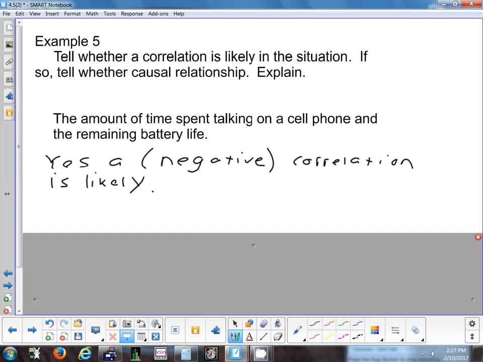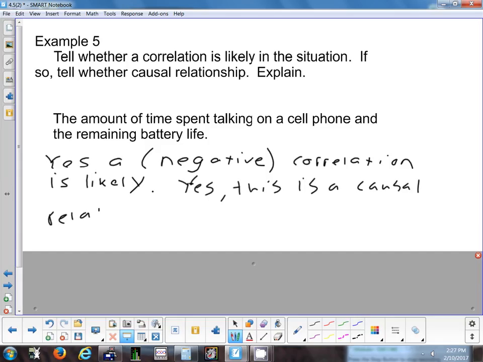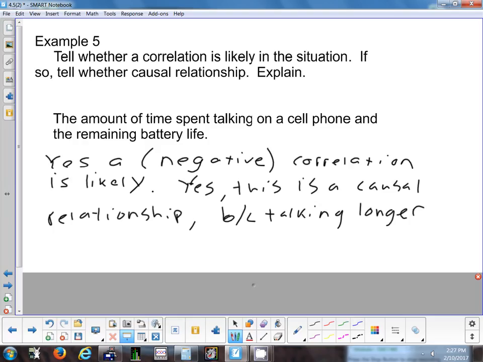But let's assume, okay guys, let's assume that it's not plugged in. Nothing special going on here. Yeah, then I would say this is a, what do we call this if it's guaranteed? Causal. This is a causal relationship because talking longer guarantees the battery will die quicker.